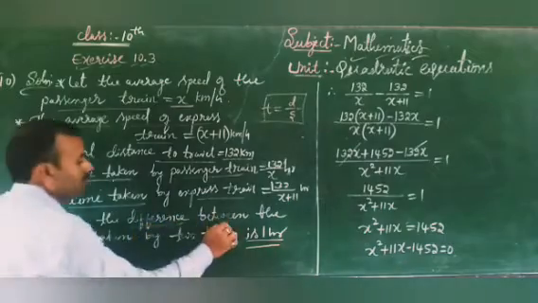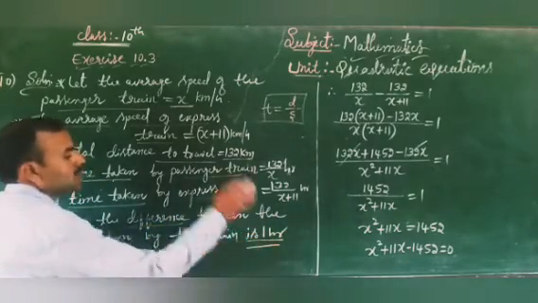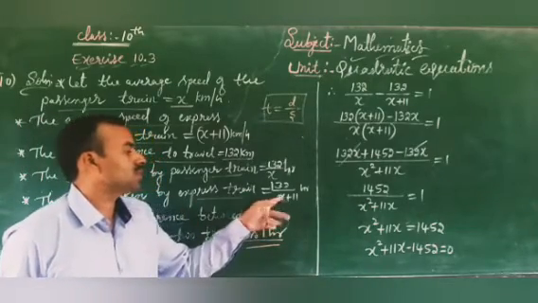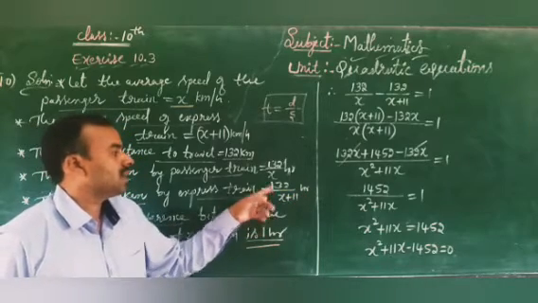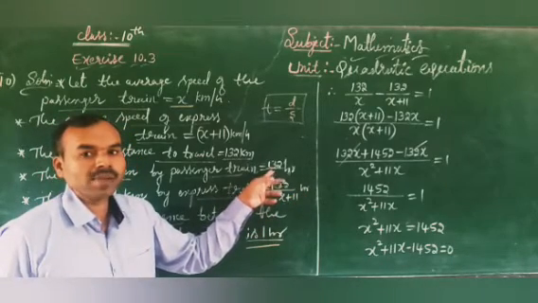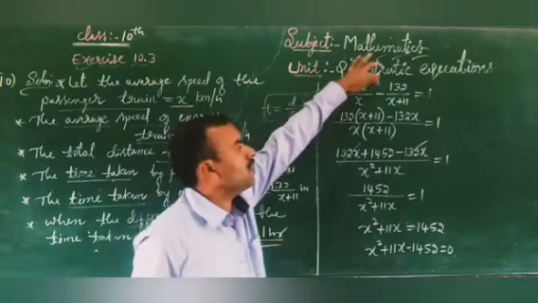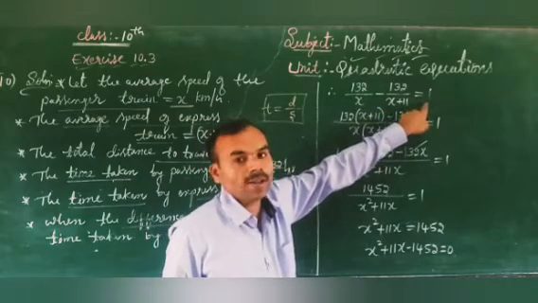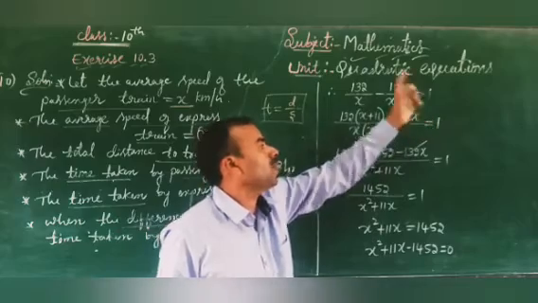The difference between the time taken by the two trains is 1 hour. Here the speed is increased, so the time is less; time is more here because the speed is less. So 132 by x minus 132 by x plus 11 equals 1. This difference is equal to 1.